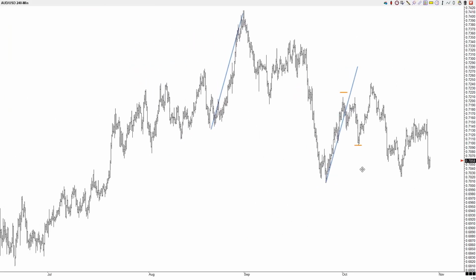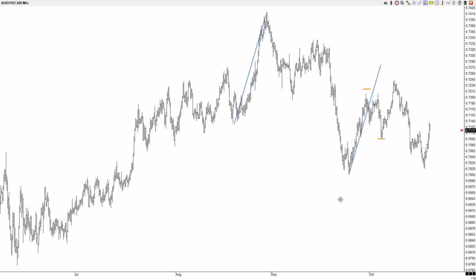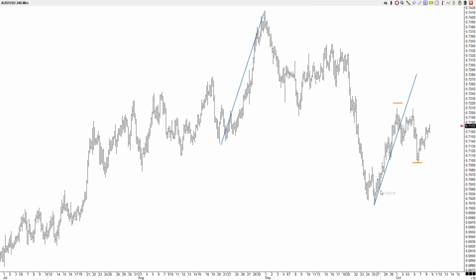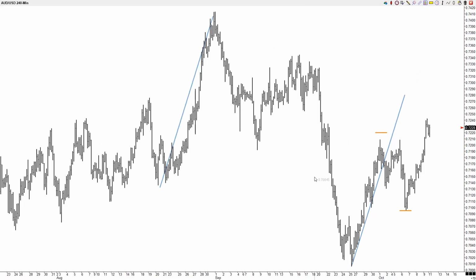Let's see where we left it off. Alright, there should be some good things to learn from this Aussie. So we left it off right around here, and we decided to follow this structure. And again, a simple framework will enable us to learn a lot about how to trade price.